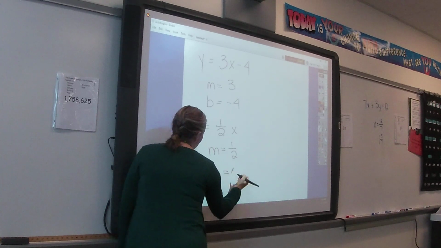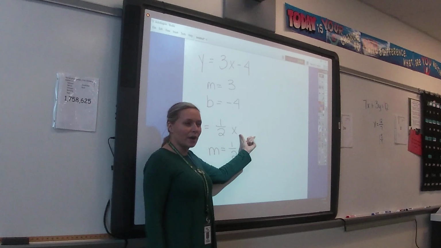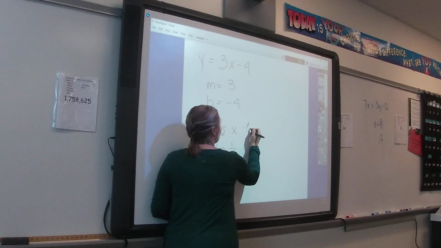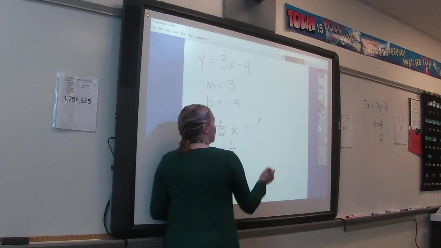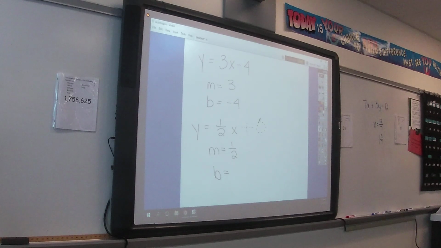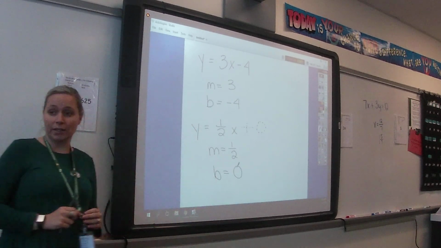What does b equal? 0. Because what number is being added here that we don't see? 0, right? This really could say plus 0 and not change the problem. And so our m would be 1/2 and our b would be 0.